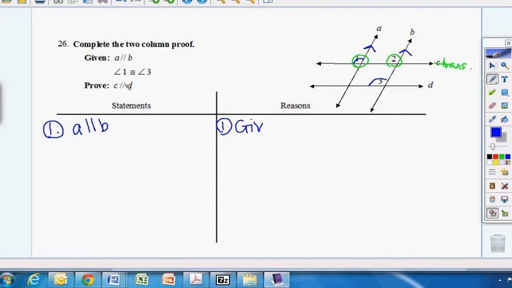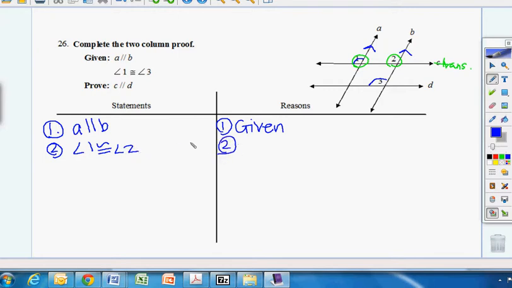Since A is parallel to B and C is the transversal, right away I can say angle 1 is congruent to angle 2.